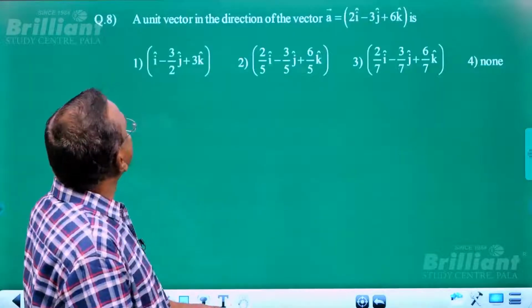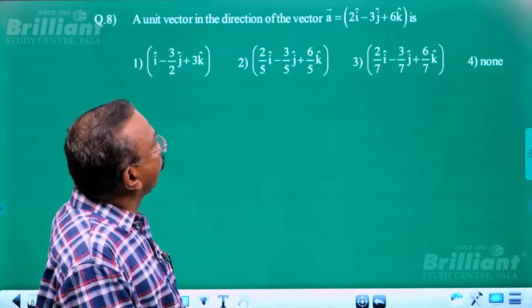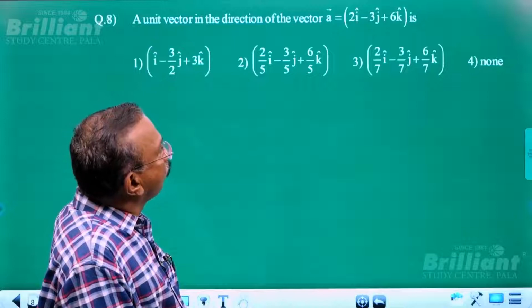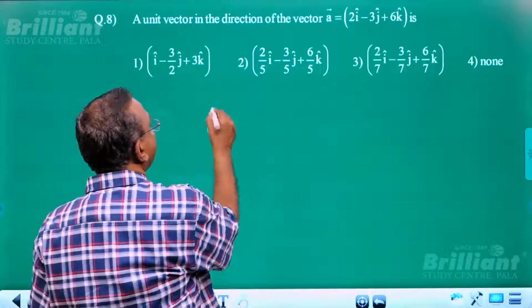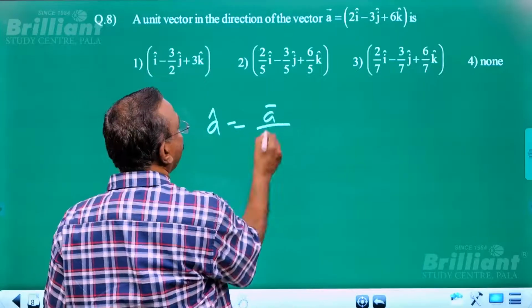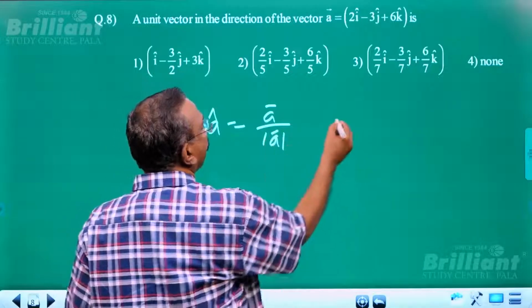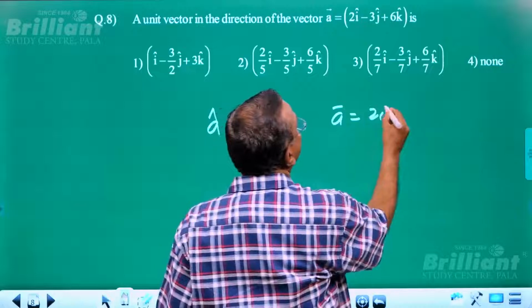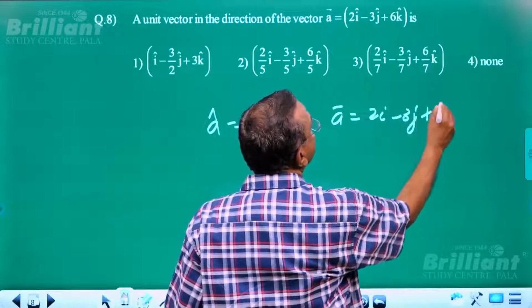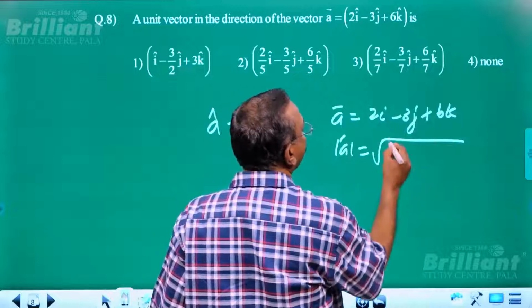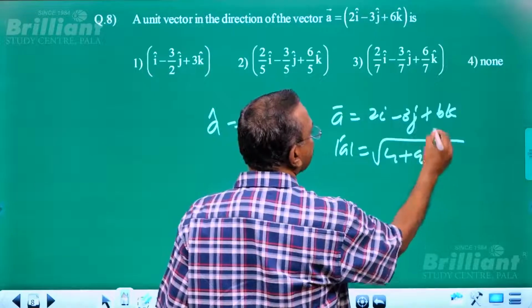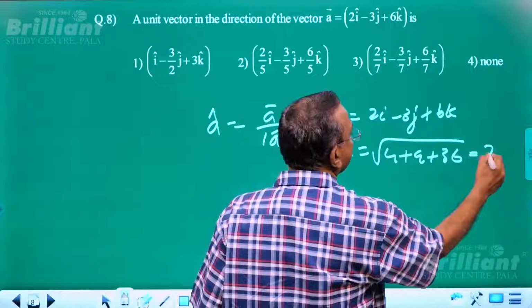Now, question number 8. A unit vector in the direction of the vector A bar is equal to 2i minus 3j plus 6k. You know, A cap is equal to A bar by mod A bar. So here A bar is equal to 2i minus 3j plus 6k. Therefore, mod A bar is equal to the square root of 4 plus 9 plus 36, which is equal to 7.